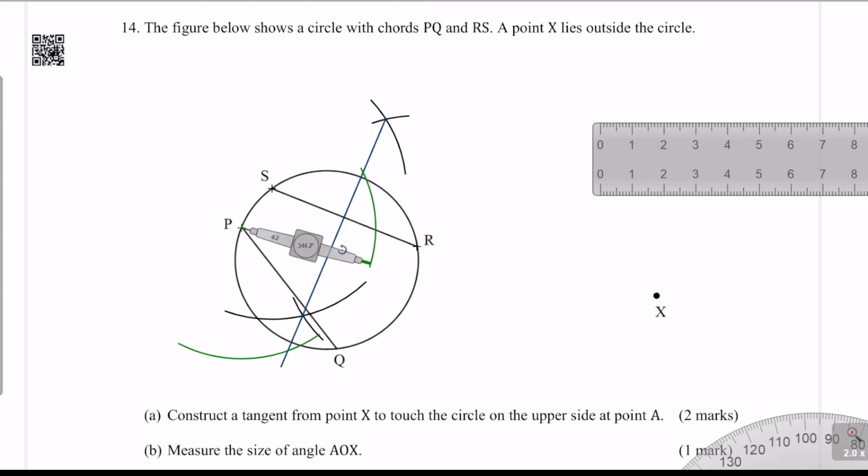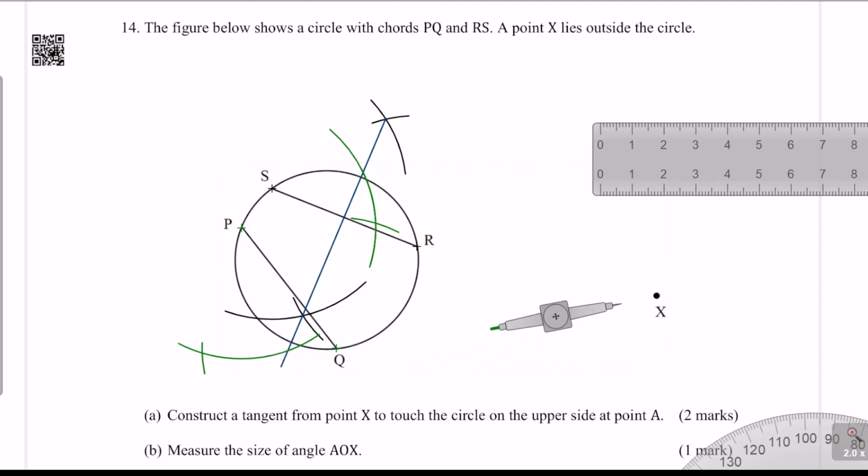So let me make this arc a little bit bigger. So mark that arc. Again, standing at Q, you cut that arc, and also you cut this arc here.